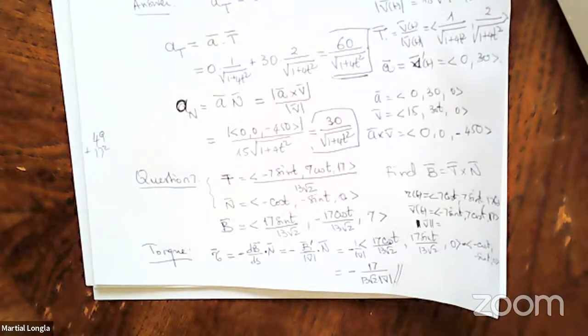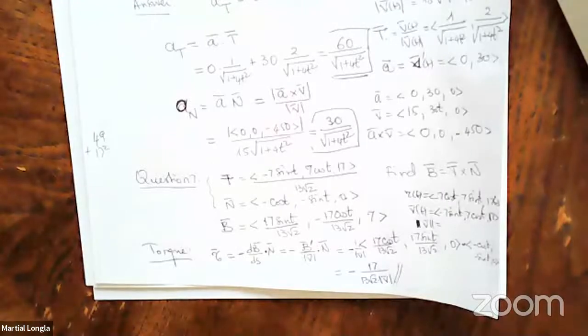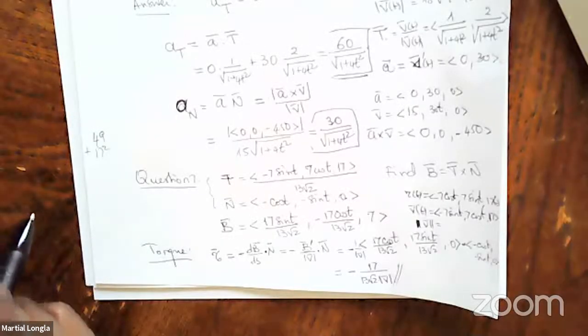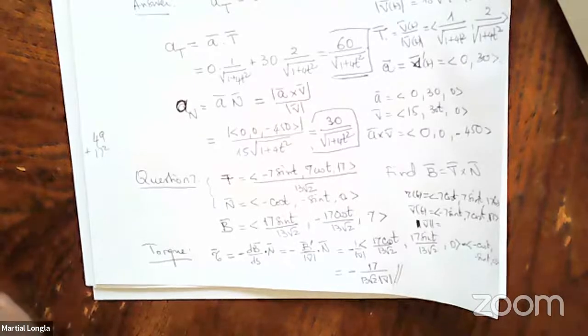Can anyone quickly tell us what 17 squared gives us? 289. I can't hear you, but 17 squared is 289. It seems your microphone is having issues, so for me it doesn't sound. That's fine, I'm just going to compute that.